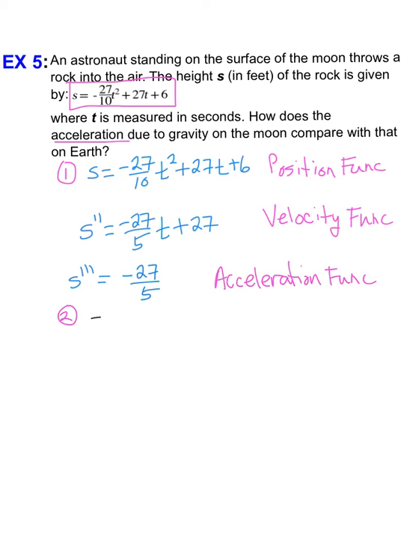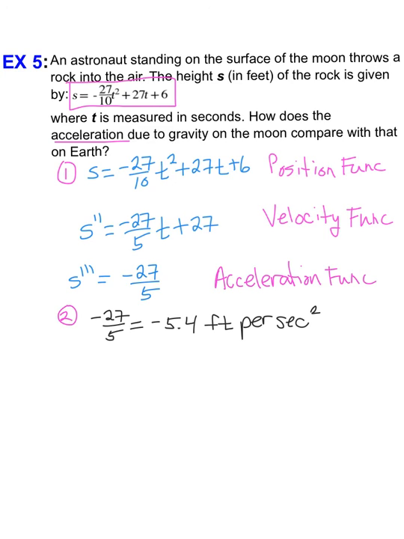So then step 2, we need to look at that acceleration function. So if we take negative 27 over 5, it might make more sense if we divide it out and look at it as a decimal. So if you divide that out, you're going to get negative 5.4, and that is feet per second squared. Okay.